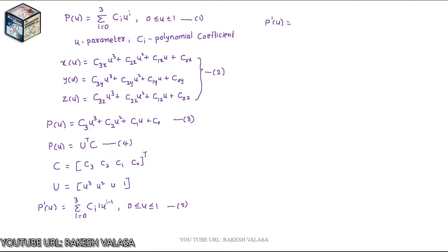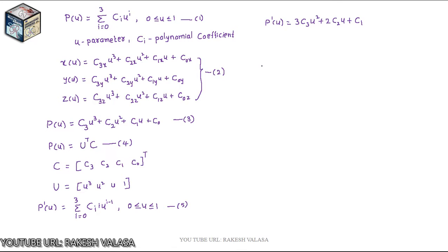The derivative of u cube is 3u square, that means 3 C3 u square, plus C2 constant times u square, derivative 2u, 2 C2 u, plus C1 u, derivative C1 constant times u derivative 1, that is C1. Here C0 is a constant, so its derivative is 0. So no need to write 0.